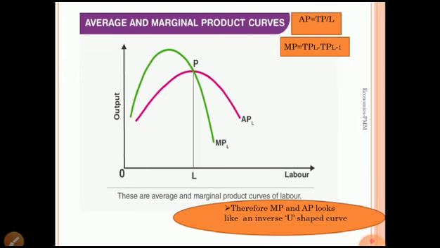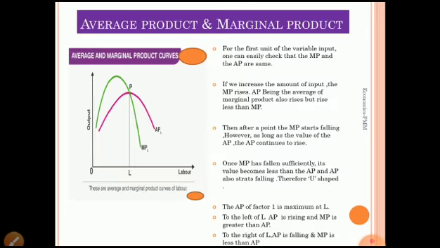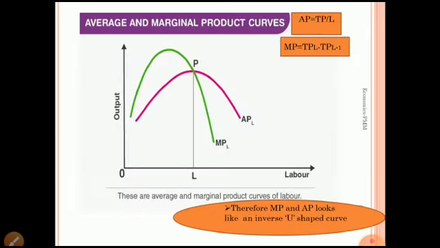So here you know the reasons: when we add an additional unit to the total inputs, the impact will be on the total product. So the additional changes in the inputs have an impact on additional total product. Therefore, marginal product is nothing but new total product minus old total product.